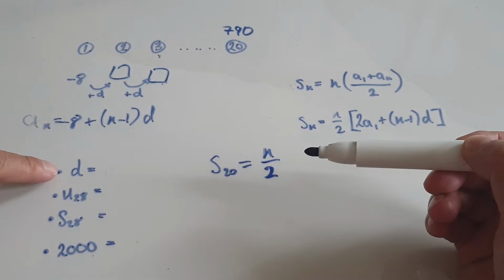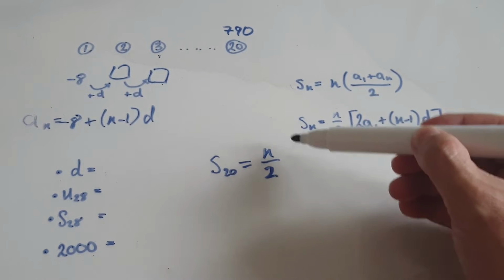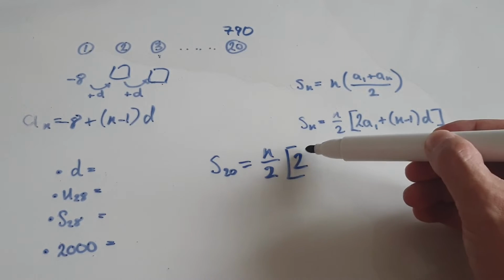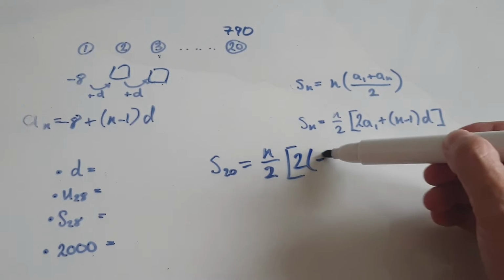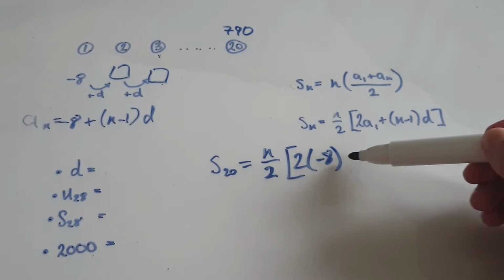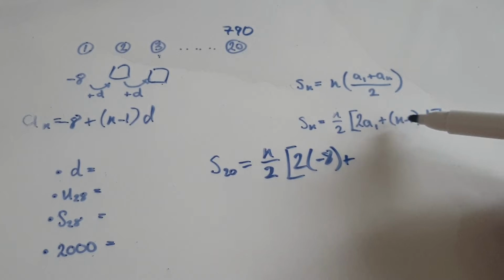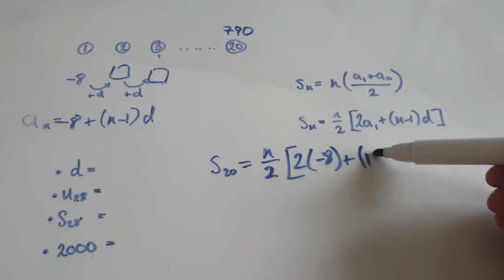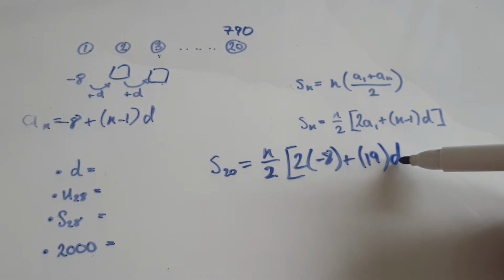Remember, we're trying to find the common difference here. Then the first term will be 2 times A1. A1 is -8, because the question says the first term is -8. And then plus n minus 1, 20 minus 1 would be 19, 19 times the common difference.